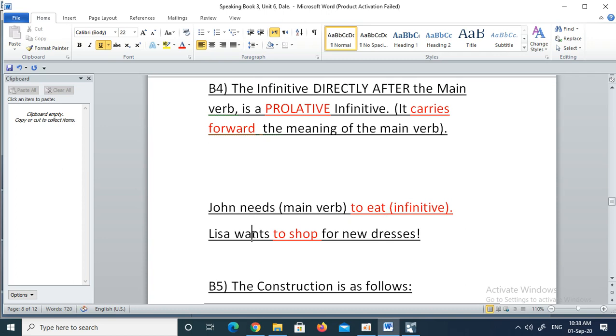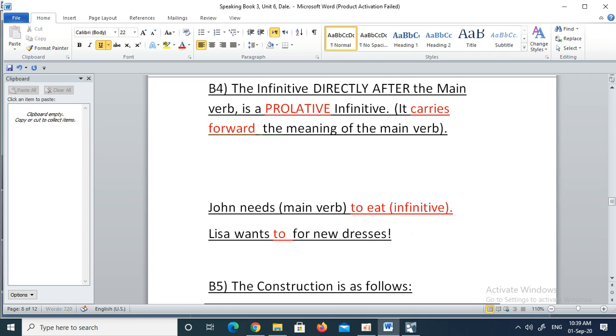If I say Lisa wants to shop for new dresses, wants is our main verb, to shop is our infinitive. But if I just put Lisa wants for new dresses, no. We need an infinitive. It could be to shop, it could be to look, it could be anything.